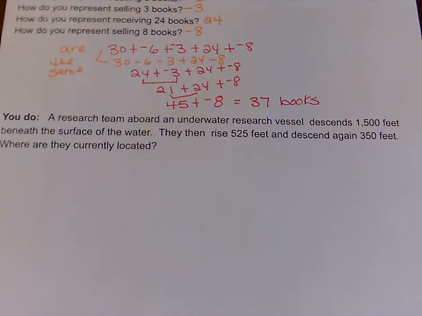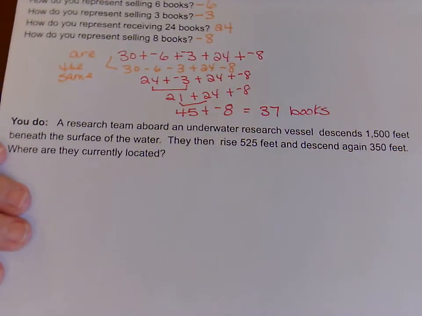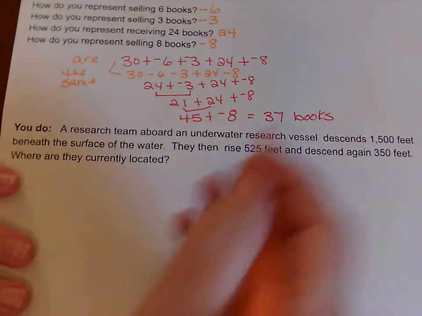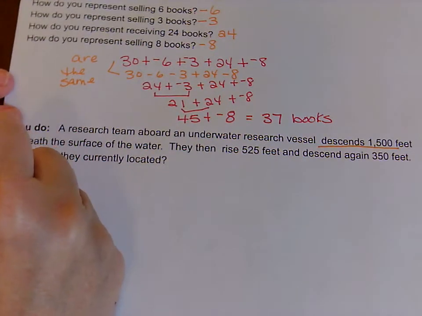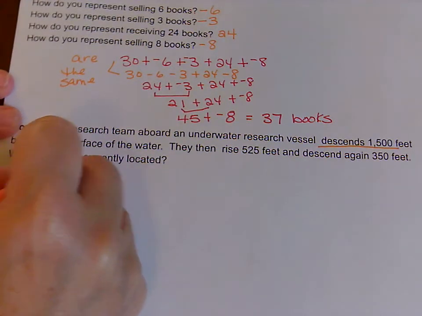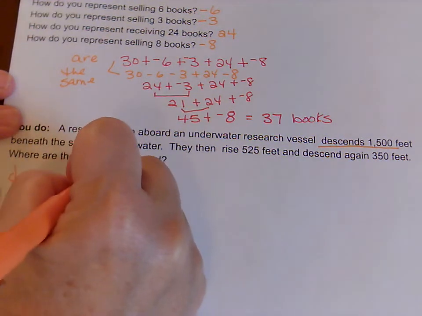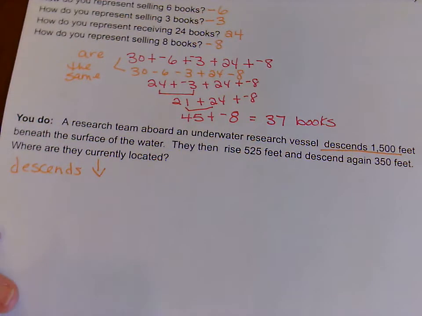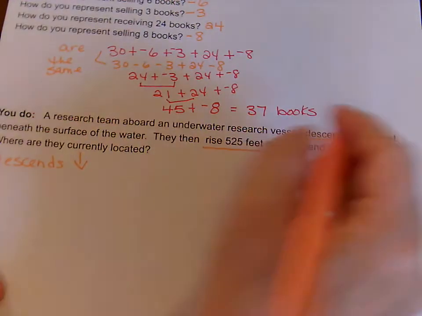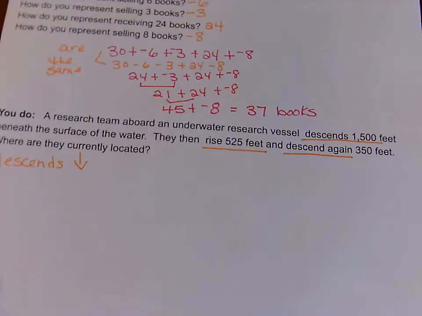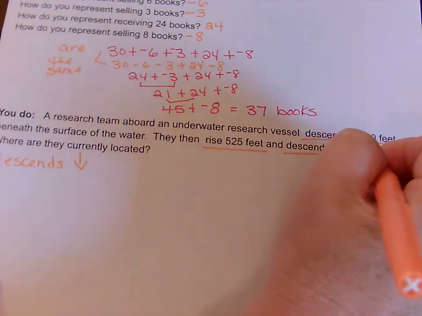The next problem. A research team aboard an underwater research vessel descends, and that means go down. Descends means to go down beneath the surface of the water. Then they rise 500 feet and descend again 300 feet.